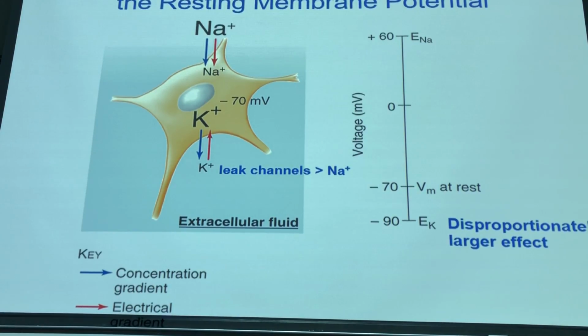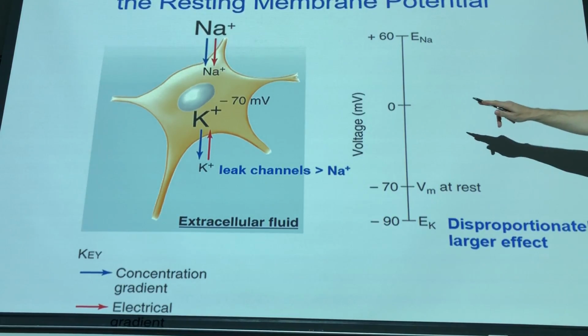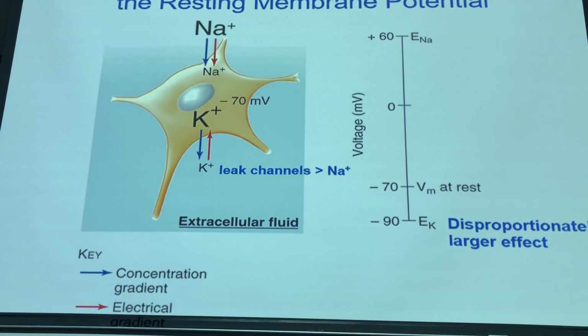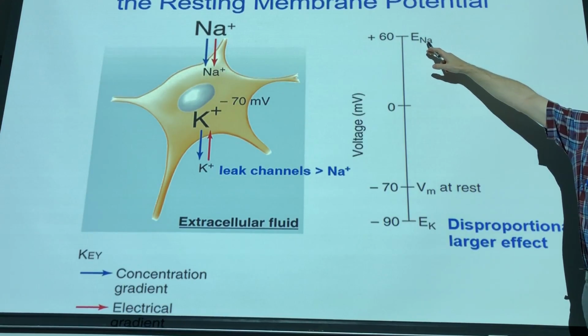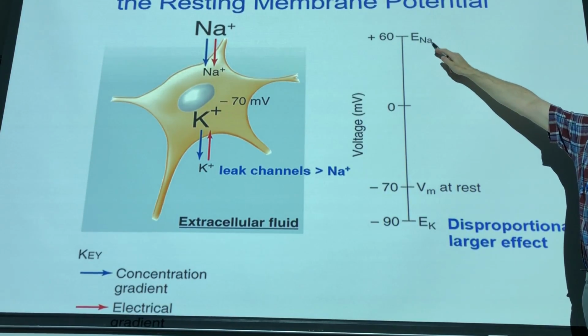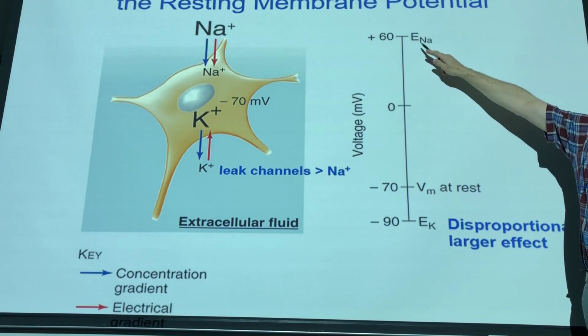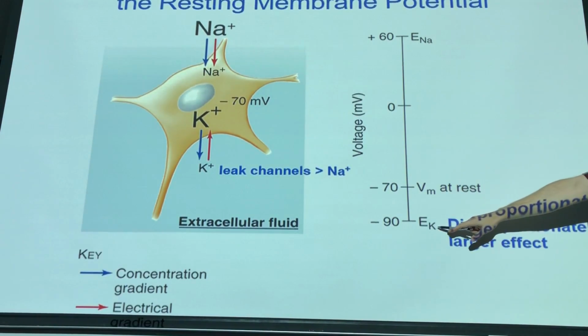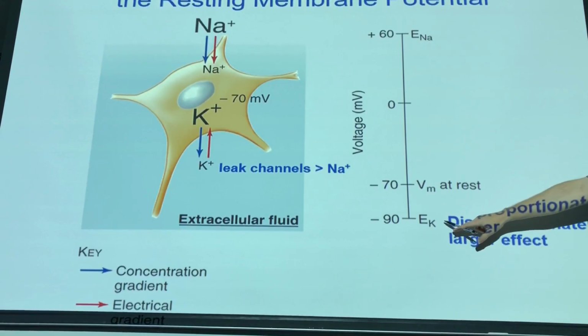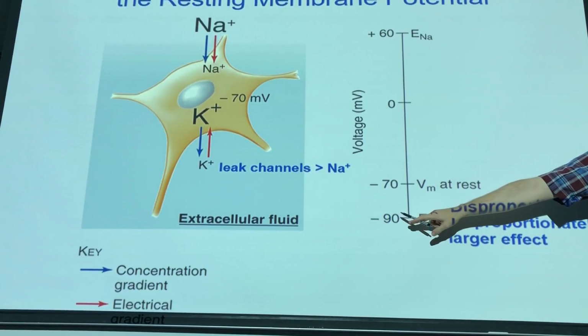So our resting membrane potential for our neuron is closer to the potassium side. Potassium is having a greater effect. We said the equilibrium potential for sodium is positive 60, and when you plug in the numbers in the equation, the equilibrium potential for potassium is minus 90.